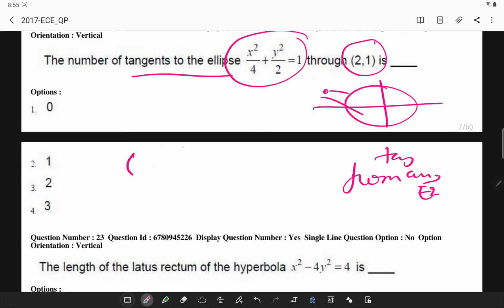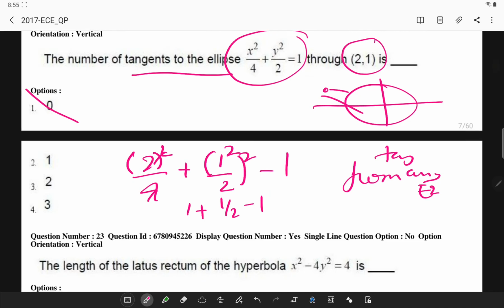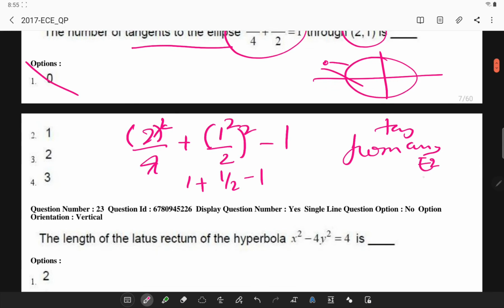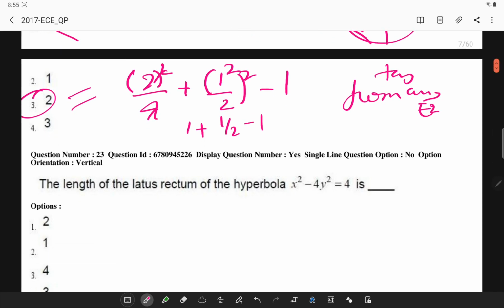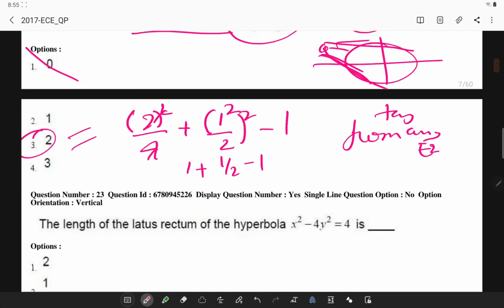If I directly substitute it, 2 square divided by 4 plus 1 square divided by 2 minus 1, so 1 plus 1 by 2 minus 1. So the point is outside the ellipse, and we can draw two tangents from that particular point. The lines will pass through that point.